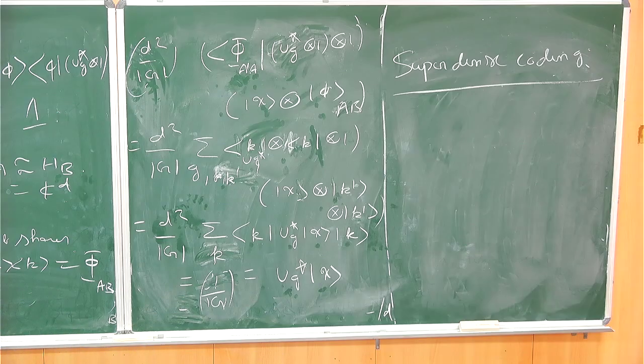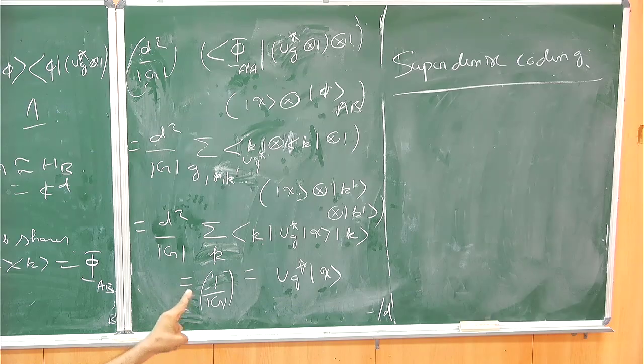This super dense coding is a dual version of that. Suppose quantum communication is possible. There are quantum wires where you can send a quantum state without any noise. It shouldn't interact with the environment, and it reaches there safely. Then by sending one quantum state, you can actually send 2 classical bits.